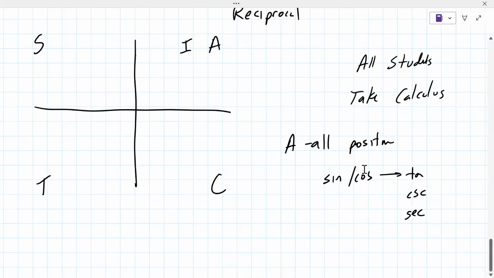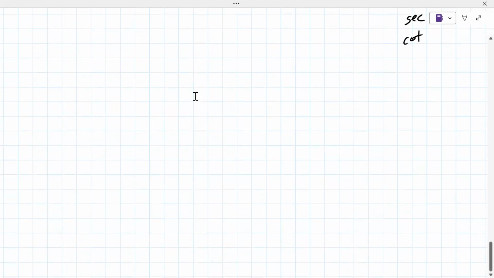Secant is positive because it's the reciprocal of cosine, and cotangent is positive because it's the reciprocal of tangent. But when it says A, all positive, it literally means all of them. The shortcut to not remember everything is sine and cosine. Is that okay for starters? Yeah. All right, now I'm going to redraw it here.